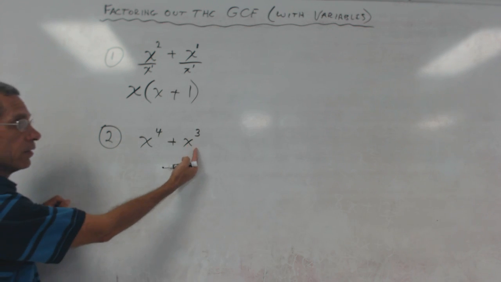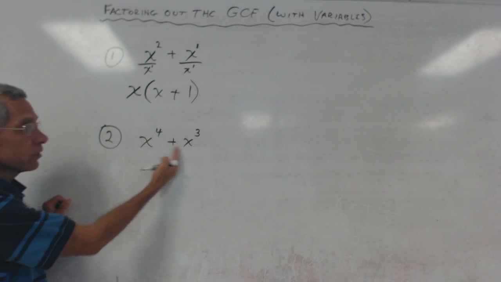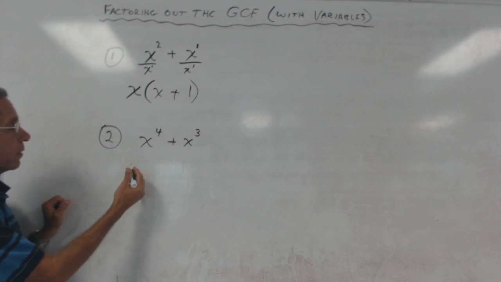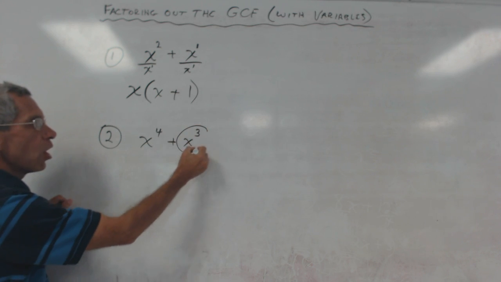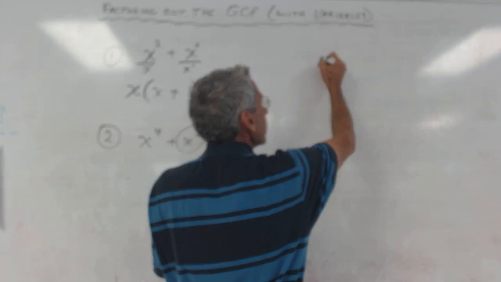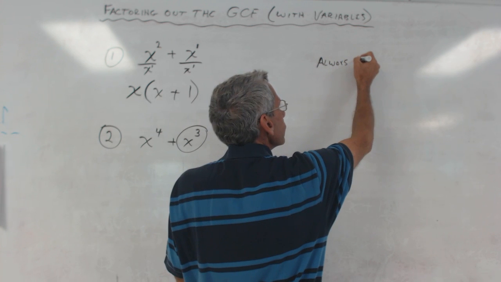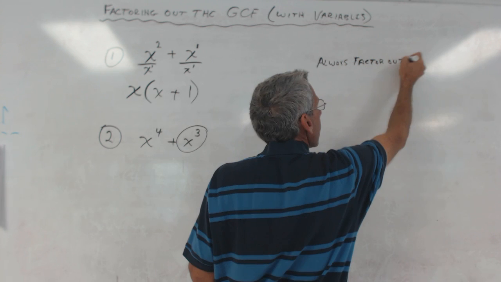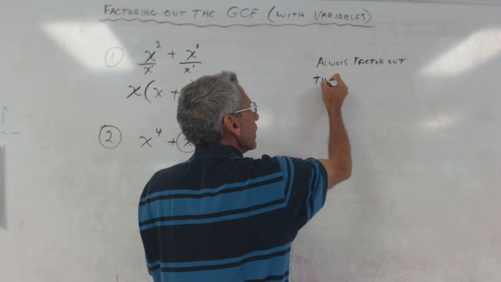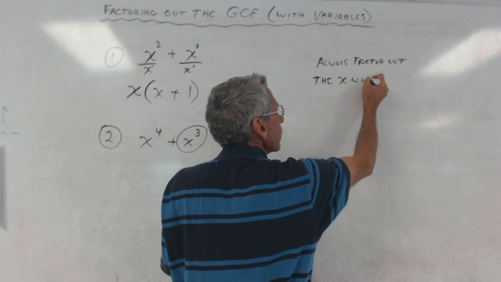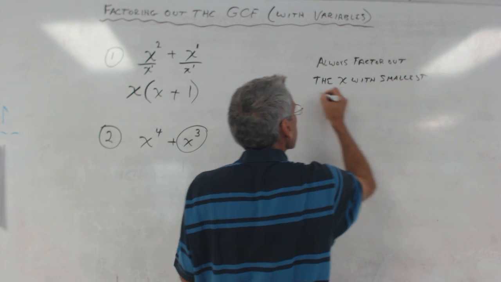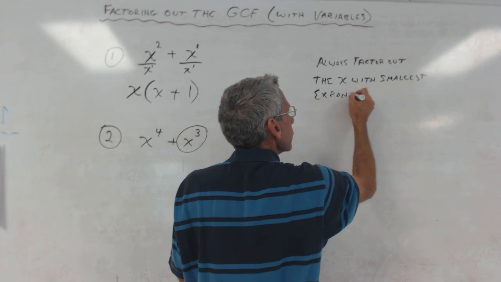I could certainly take 3 of them out of this, and I could take 3 of them out of the 4. So this is the rule: always factor out the x with the smallest exponent. That's the rule, and it always works.